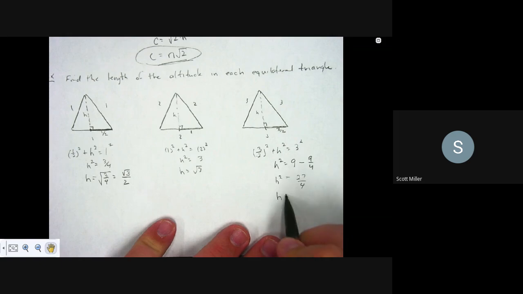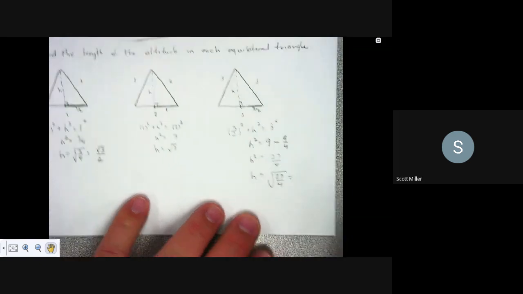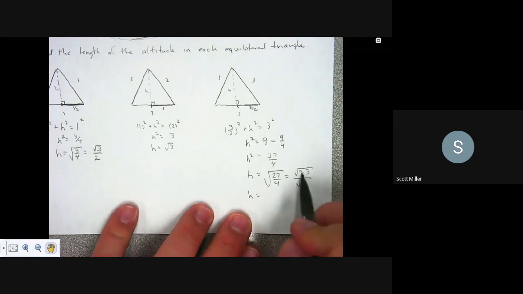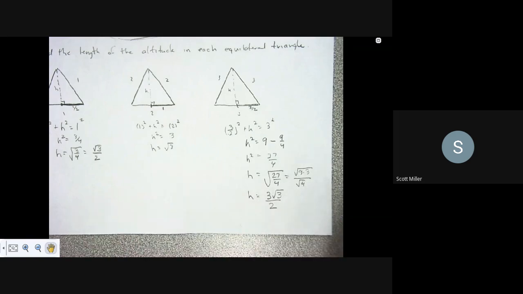So when I square root both sides, I'll get the square root of 27/4. 27 is 9 times 3. So I get the square root of 9 times 3 over the square root of 4. And as we clean all this up, we'll get 3 times the square root of 3 over 2. And so we look at this pattern, and do we notice anything?